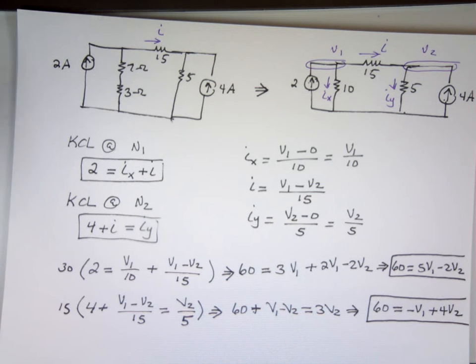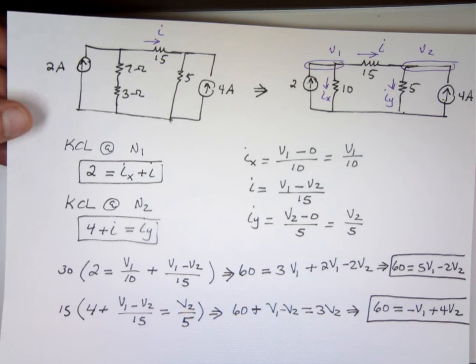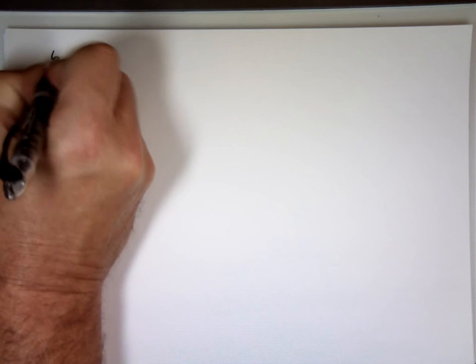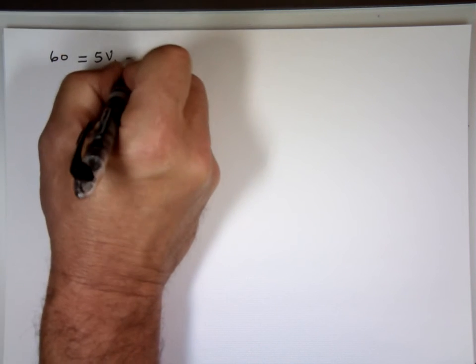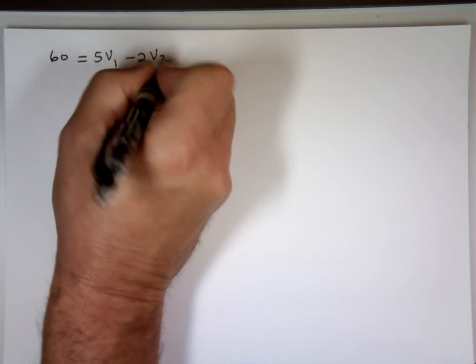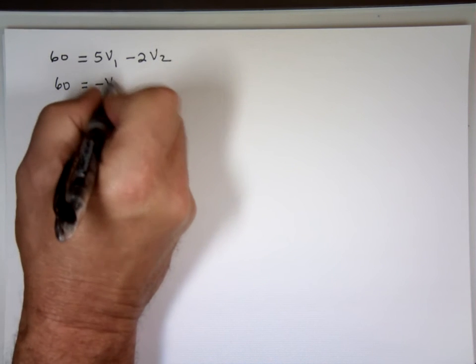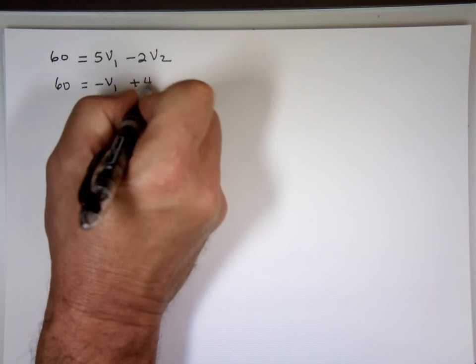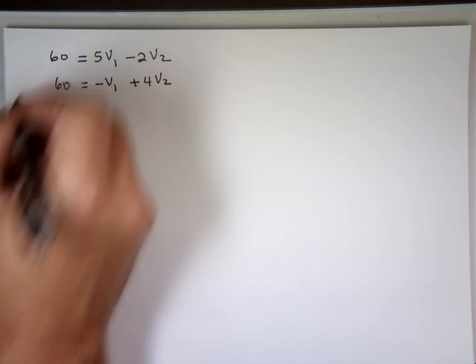Now I just gotta write them and do the math. 60 equals 5V1 minus 2V2. 60 equals negative V1 plus 4V2. Multiply this equation by 5, you'll be good.